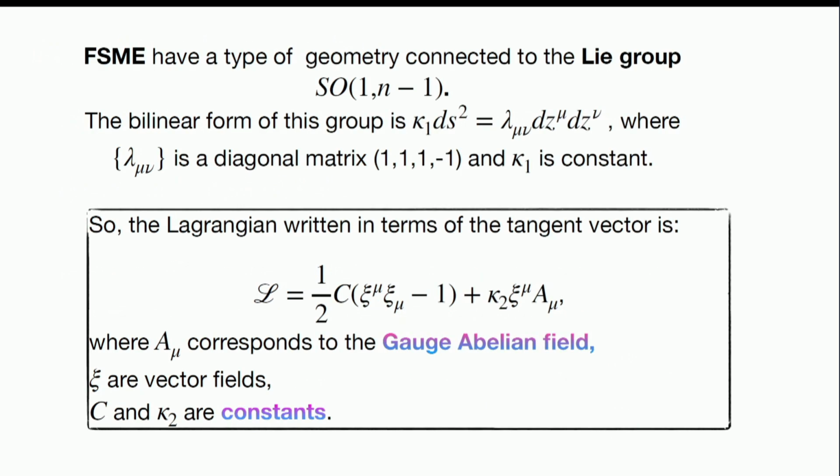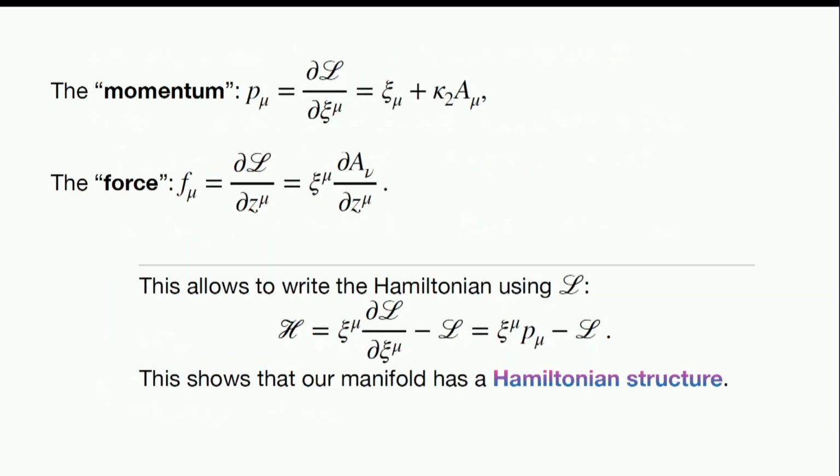And we will define the Lagrangian using this type of formula. This works very well according to the fact that the space is Lorentzian type, so we have SO(1, -1) in this case. Okay, so this is a very standard calculation, the momentum, the force using the Lagrangian here, and this allows me to write the Hamiltonian using L as follows here.